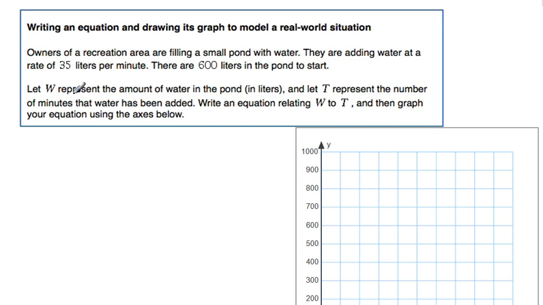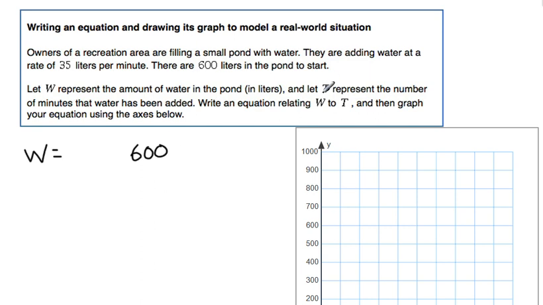So we're going to write W. W is representative of the amount of water in the pond, equals. Now, once again, we said the 600 is not changing, so let's put the 600 here on the right.